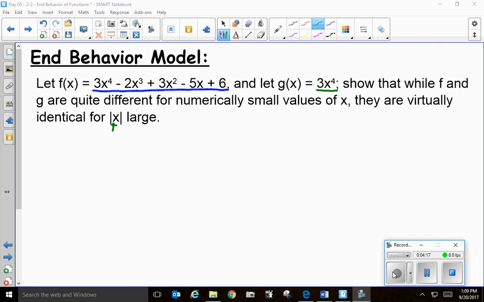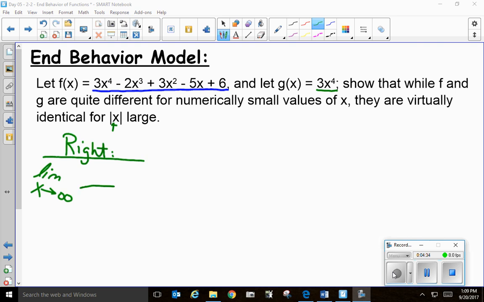We just learned something, kids, didn't we? If it is a right behavior model, that means I'm going to take the limit as x approaches infinity of f of x over g of x, correct?